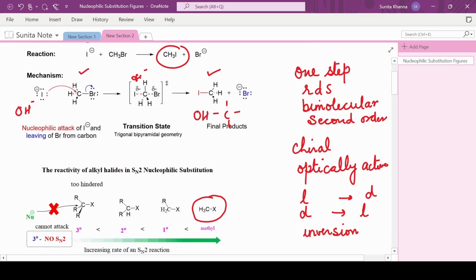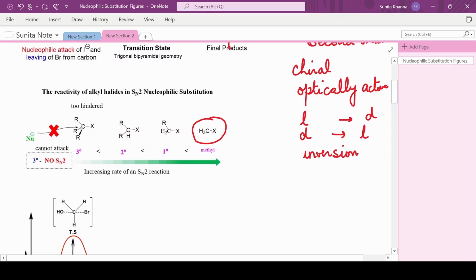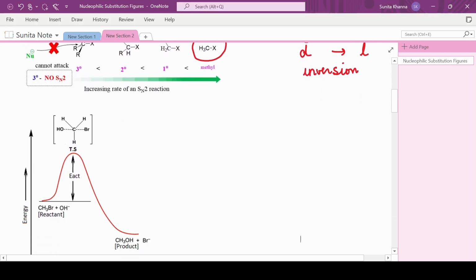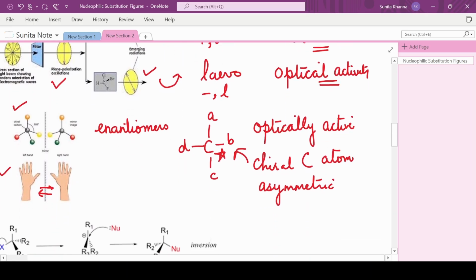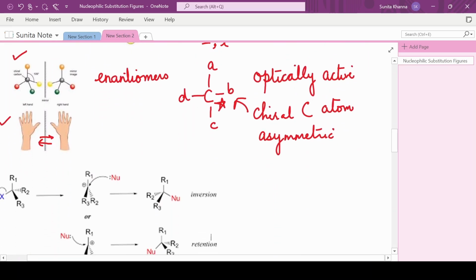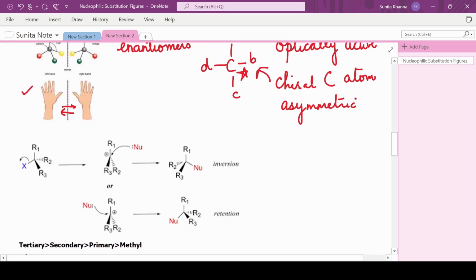Okay, then we move to another, the SN1 mechanism. Now when we are moving to the SN1 mechanism, what do we observe? See, in the SN1 mechanism, in the first step, which is the slow step, the leaving group is going.